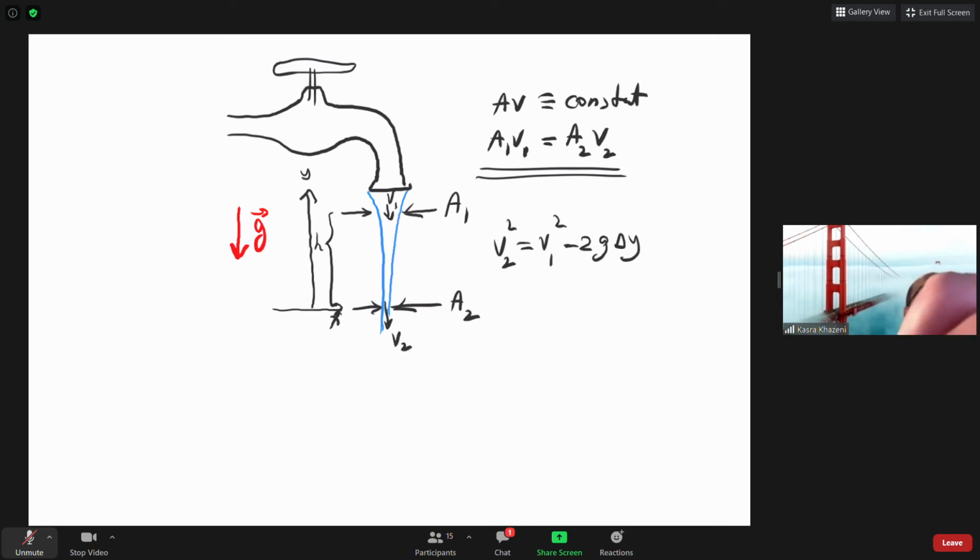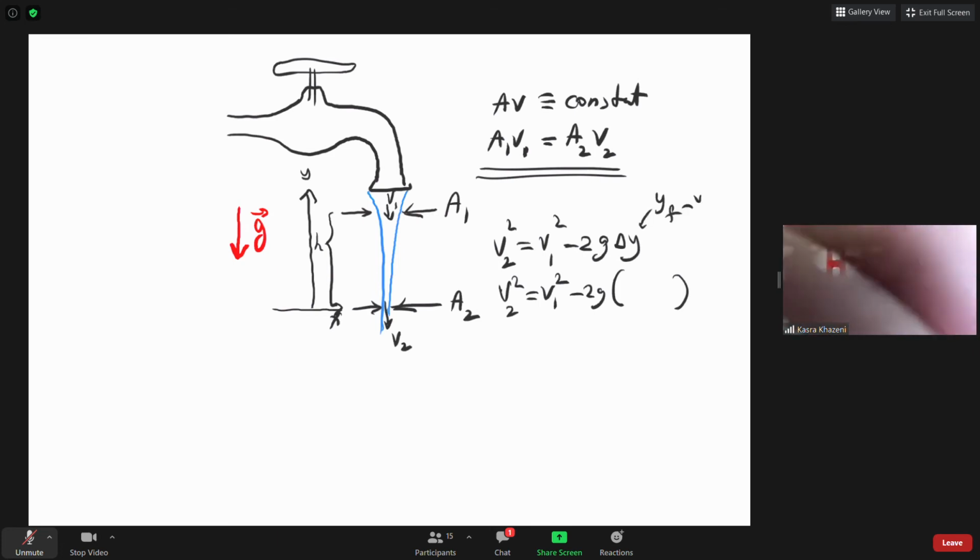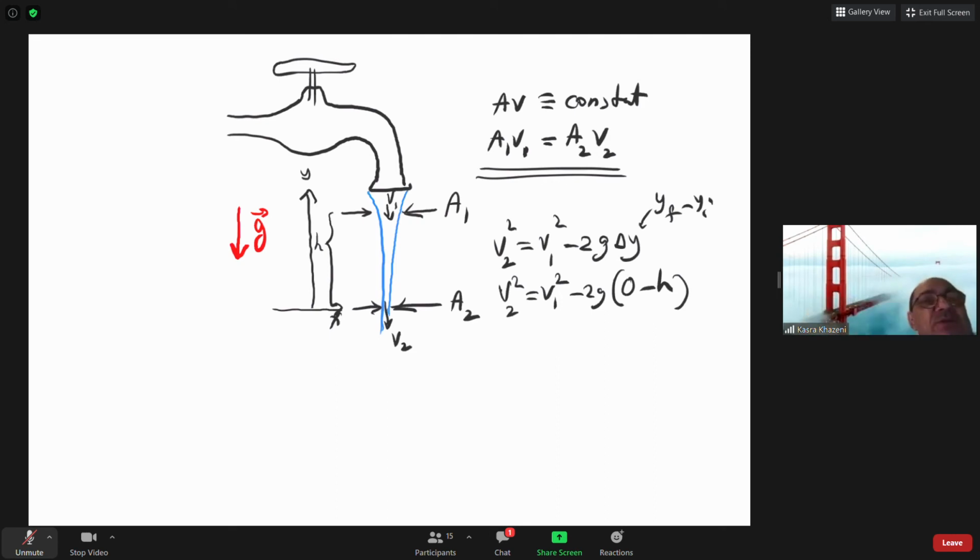So V2 finally is related to V1, and delta y is y final minus y initial, which is 0 minus h. All right, so v2 squared is v1 squared plus 2gh. And so v2 is square root of v1 squared plus 2gh.